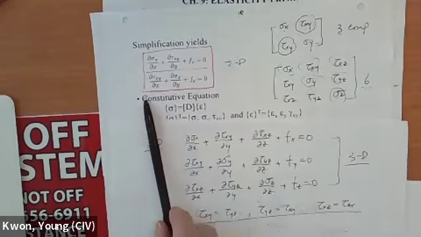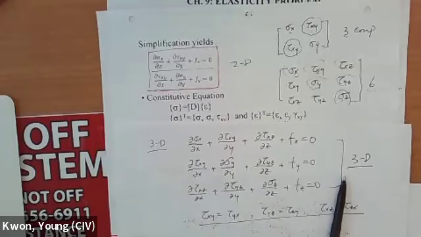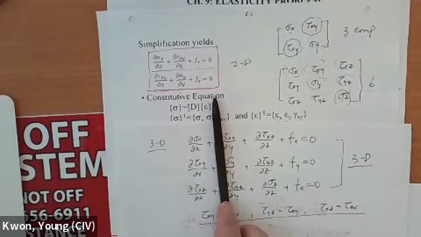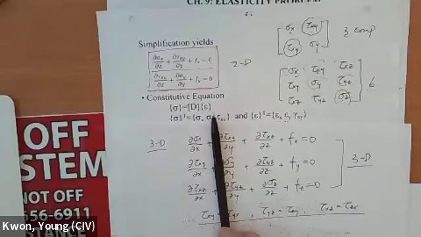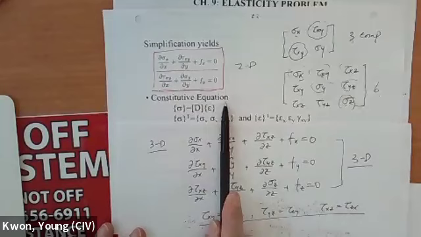So that's the first set of equations, the equations of equilibrium. Now this is a statically indeterminate problem, so you have to introduce so-called geometric compatibility. That means we have to introduce additional equations. One of them is going to be the constitutive equation.